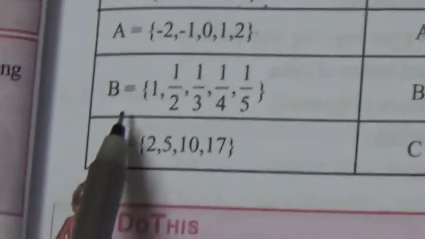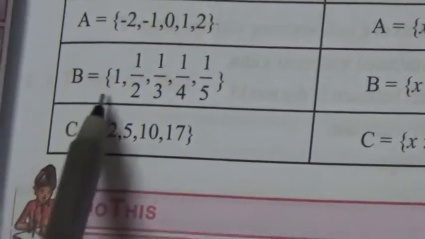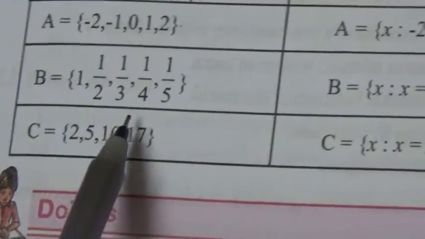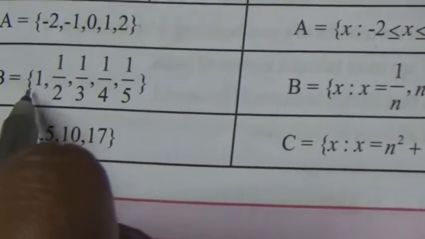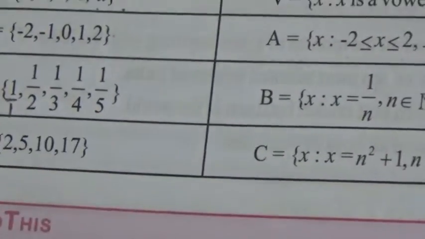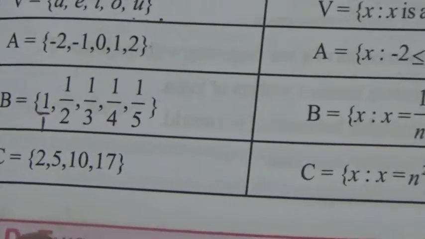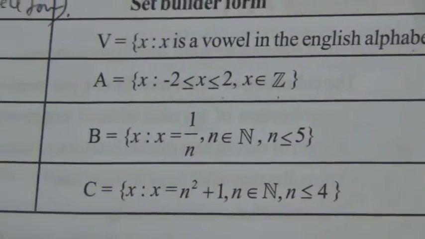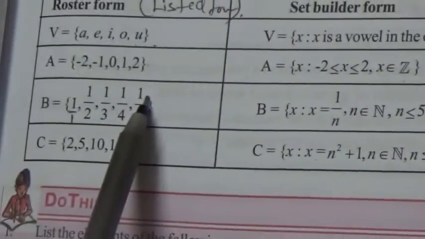And then the third one in the box, that is B is equal to 1, 1/2, 1/3, 1/4, 1/5. These are the numbers given here. But we can write this 1 also in the form of 1/1, right? So look here. In the numerator all are ones.